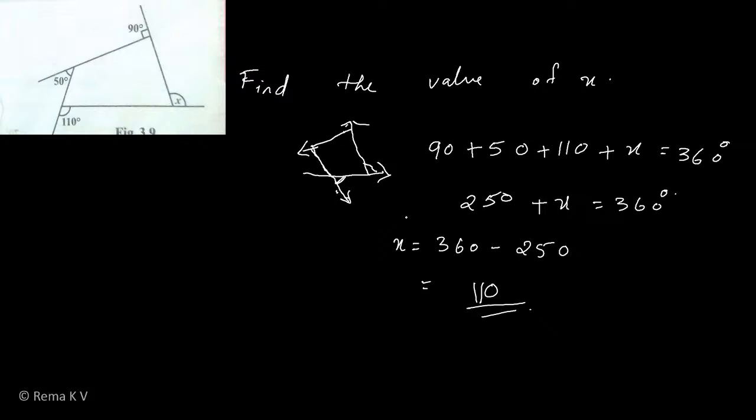Okay, now let us move to the next one. Write the question. Find the number of sides of a regular polygon whose each exterior angle has a measure of 45 degrees.